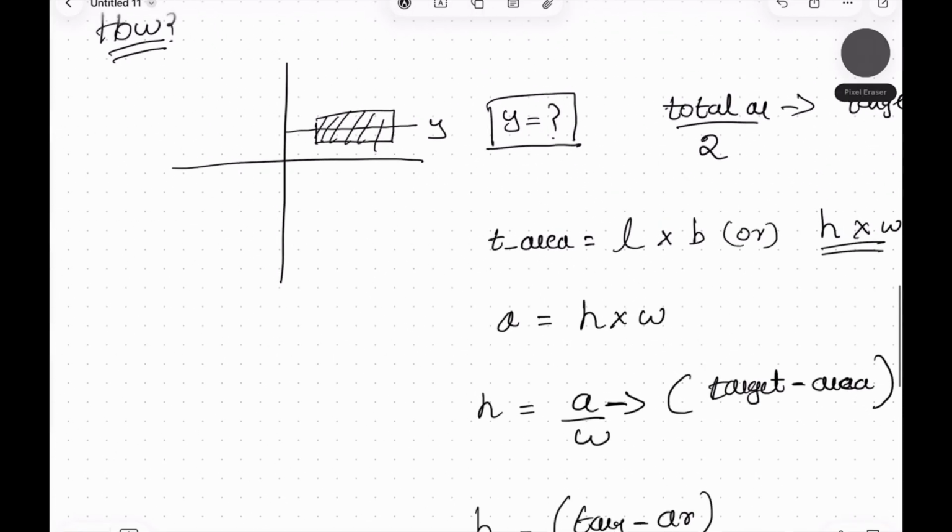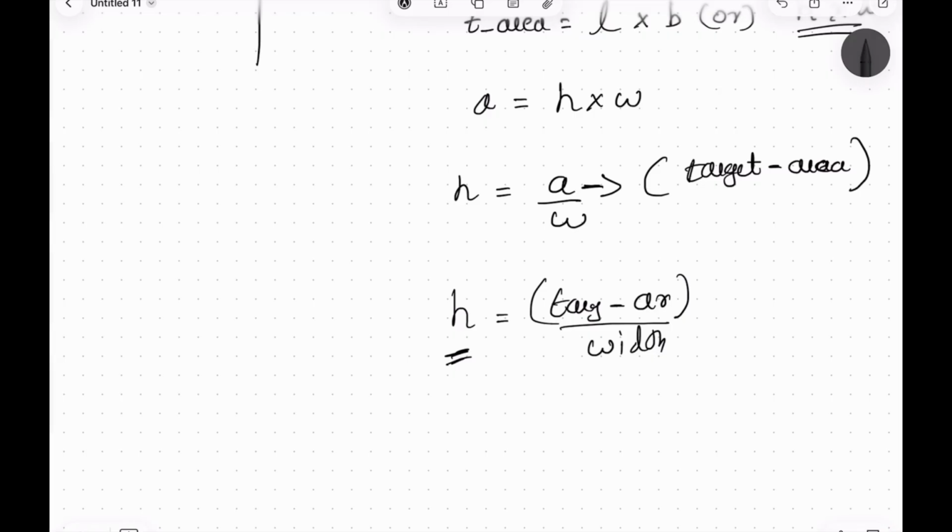And now what is this y? Because if you see here, we have the y coordinate available here, and we have the height, right? This will be decided by the y coordinate's value, so we need to find this particular height. So how do we find it?